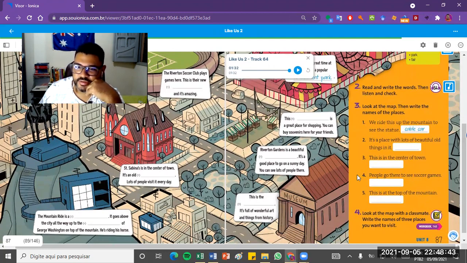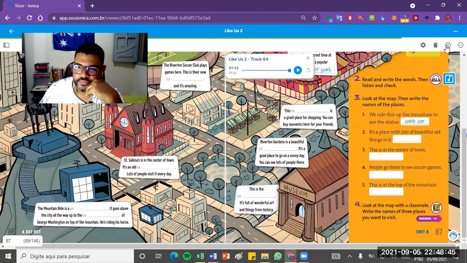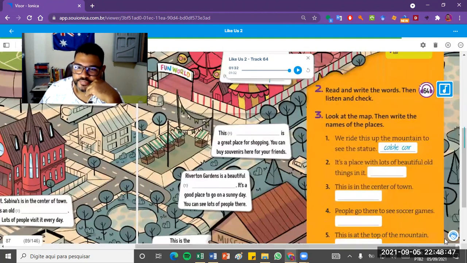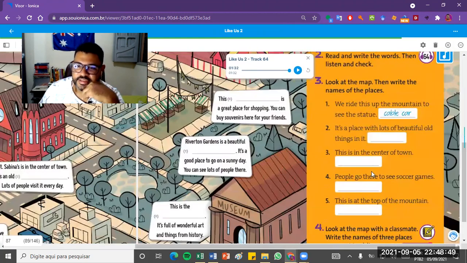It's a museum. 3, here, this is the center of town. It's cathedral. 4, people go there to see soccer games. So this is stadium. 5, this is at the top of the mountain, the statue.